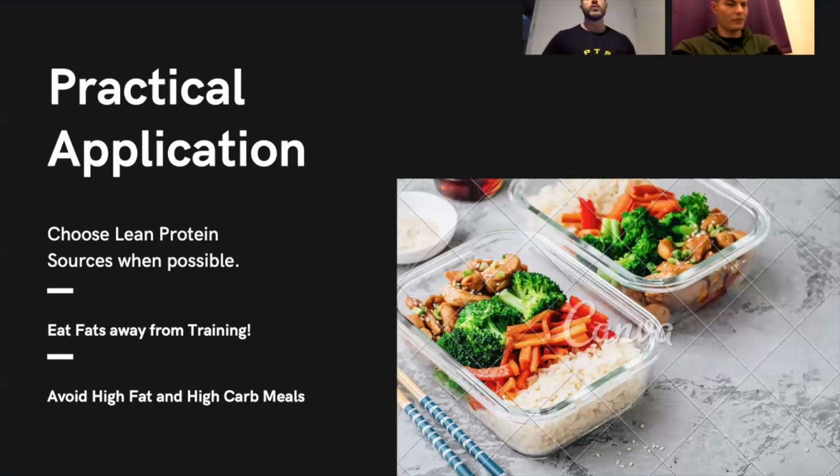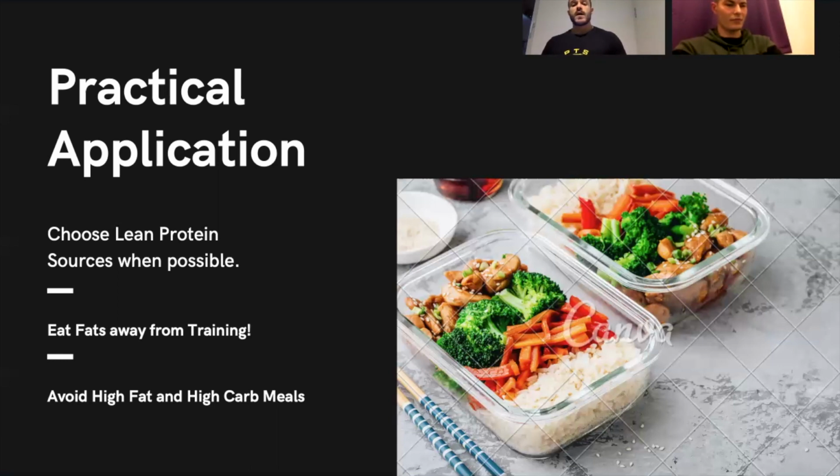So when possible, try to choose lean protein sources. That doesn't mean that you cannot eat fatty fish like salmon, which is very good, or steaks. It's just when you do, you need to take into account that it's gonna have fat in it, so it's gonna have higher calories, and we're gonna get into this a little bit later.